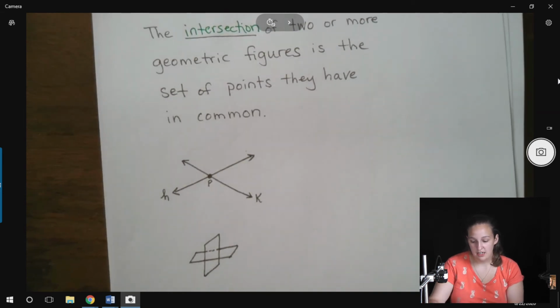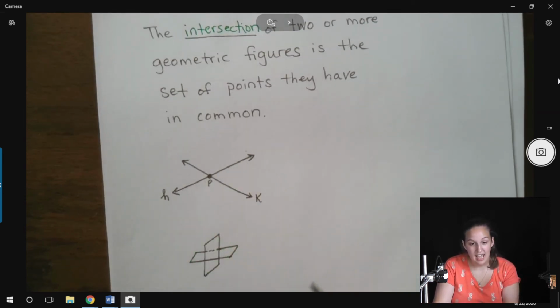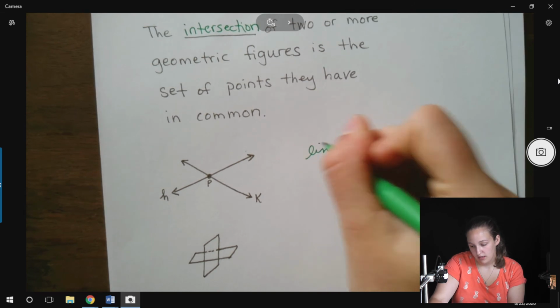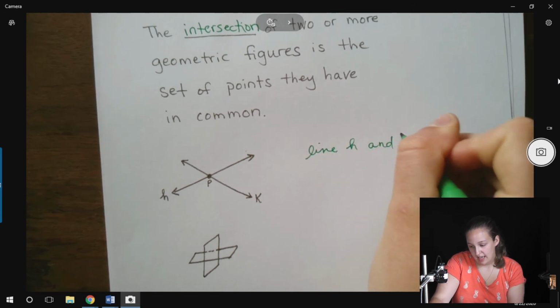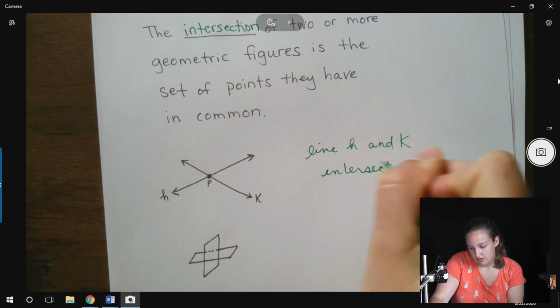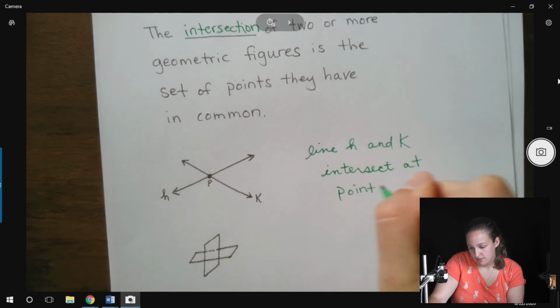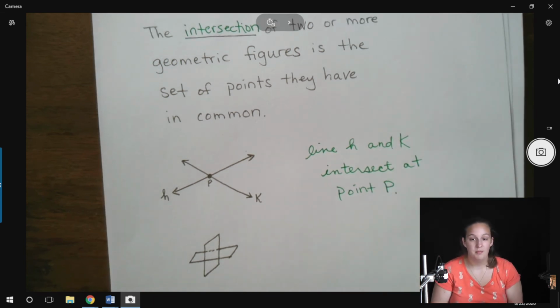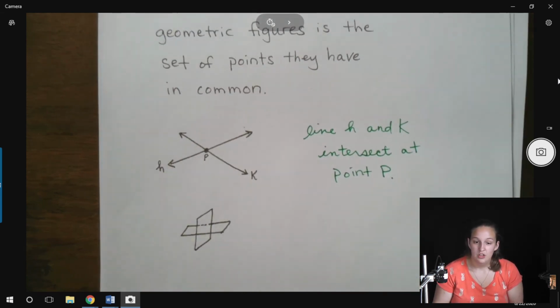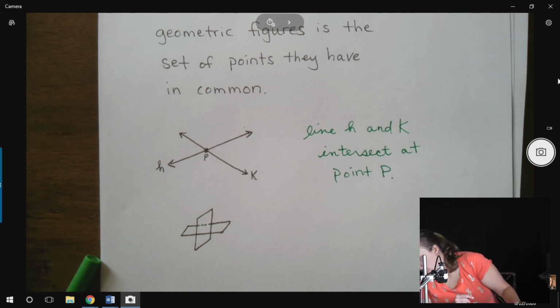So, down here, this is line H and line K. They intersect at point P.